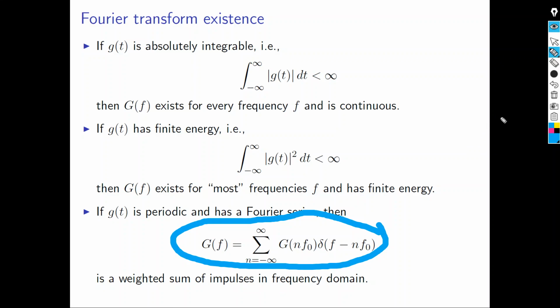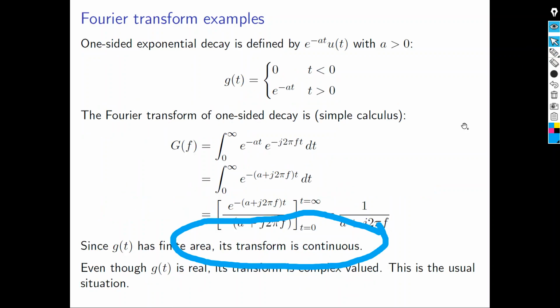Basically, these are the very basic things you need to know, and then you move to practical implementation and how to calculate and find this.